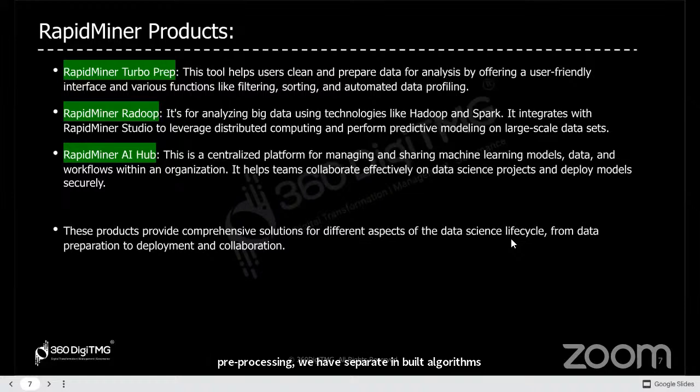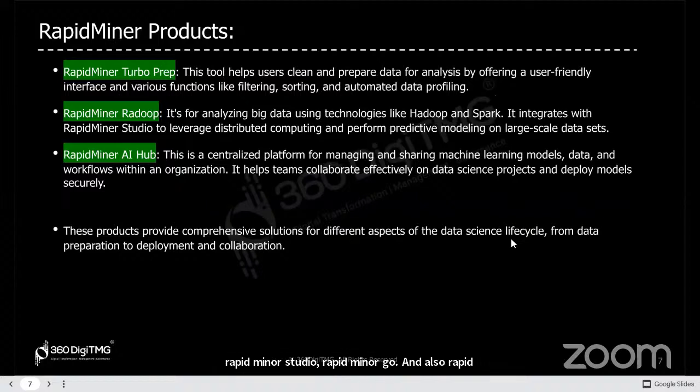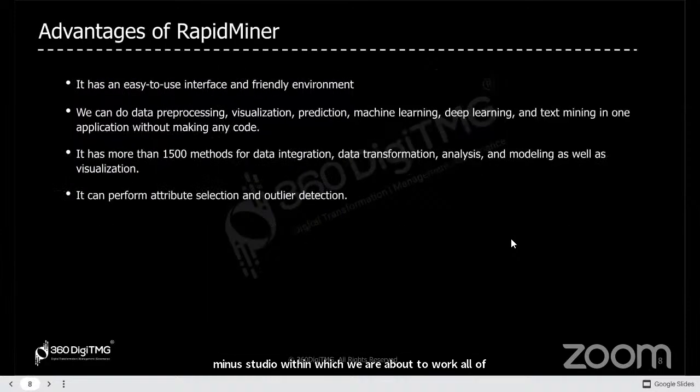We have also seen the different products, like RapidMiner Studio, Go, Auto Model, Server, Turbo Prep, Radoop, and AI Hub. Out of these, I will tell you how to download and install RapidMiner Studio, within which we are about to work on all of these things. We will see what is present in the next slide.